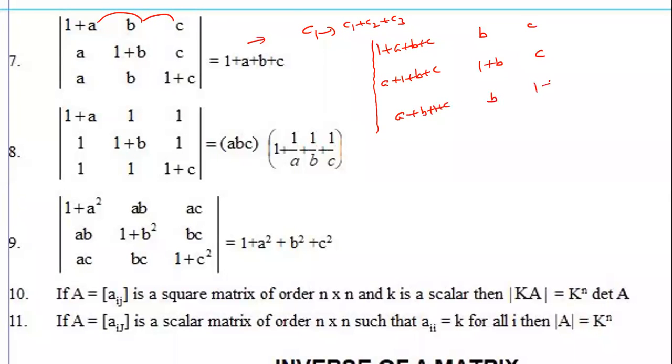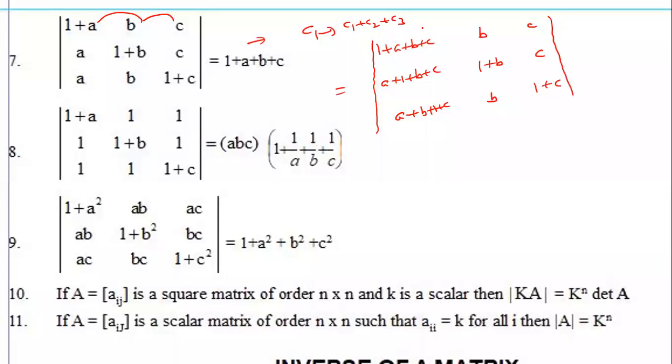I hope you understand this one. Column operation. Sir, why you are not using row operation in R1? Now see, the question answer depends on what I'm doing. If I'm adding this one, 1 plus 3A, 1 plus 3B, that is meaningless.